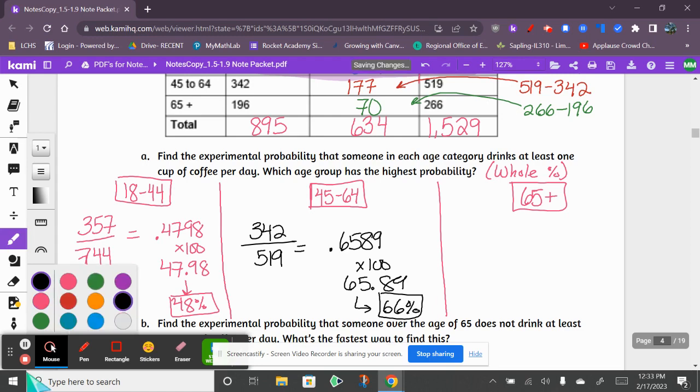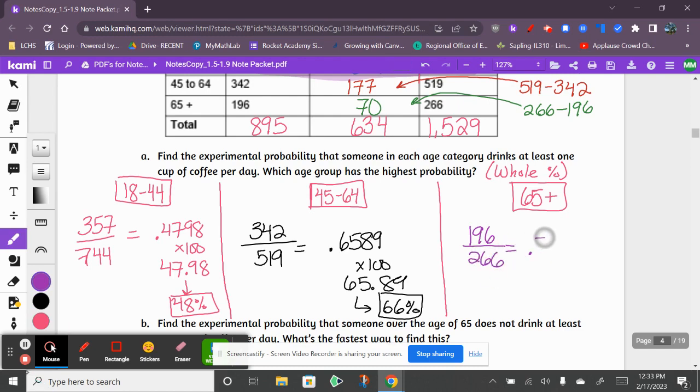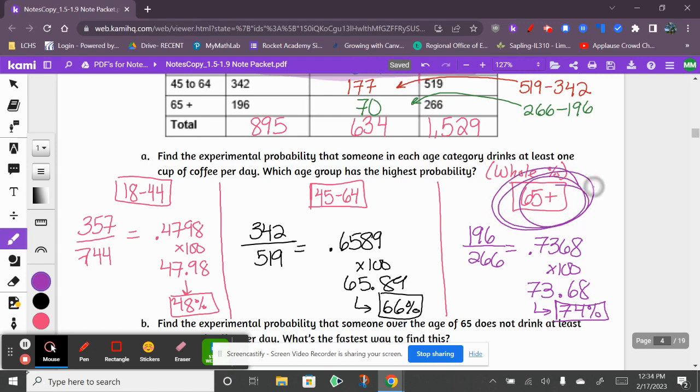And then 65 and up, it is 196 out of the 266. So that will be closest to 74%. And so when we look at which age group is the highest, this one has the highest probability.